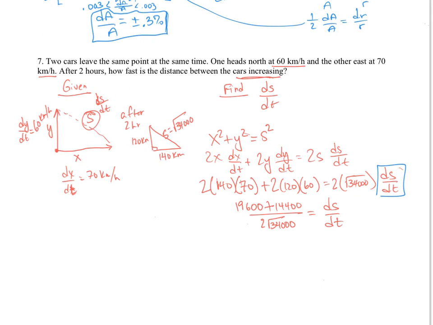Just go ahead and use your calculator at this point and you'll get your ds dt. You could clean it up if it was a non-calc part, but that's okay. In this case, we will end up with 29.1547. And this will be kilometers per hour, which is what we're looking for.